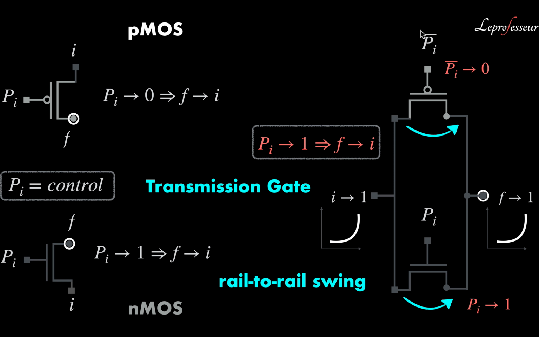If we don't have the inverted version of the control PI, then we might have to use an inverter. Depending upon how you design the circuit, transmission gates typically tend to have a little larger area and higher capacitance. That's a little drawback here: higher parasitic capacitance compared to pass transistor logic. But the added advantage is that we don't need any extra circuit at the output. Good.